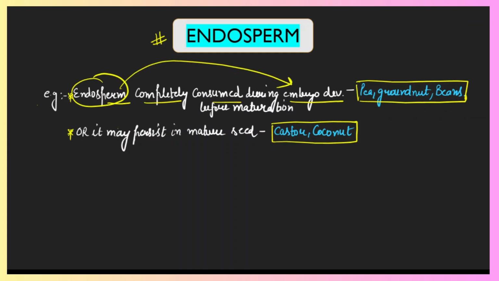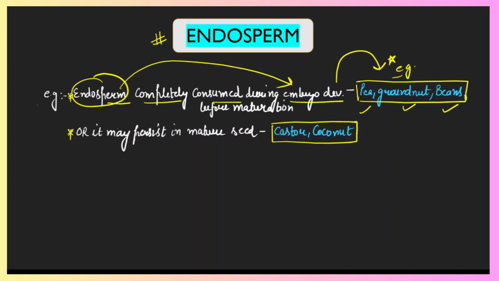Why completely consumed? Because the endosperm gives nutrition or food to the embryo during development. This kind of situation occurs in pea plant, groundnut and beans. These examples are very important.